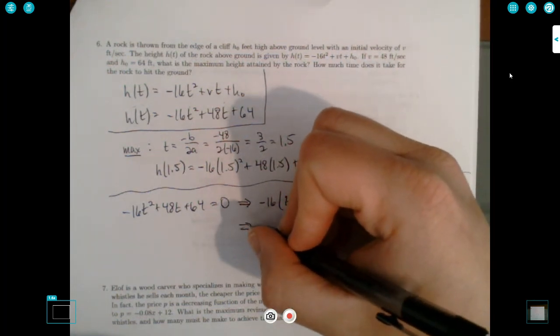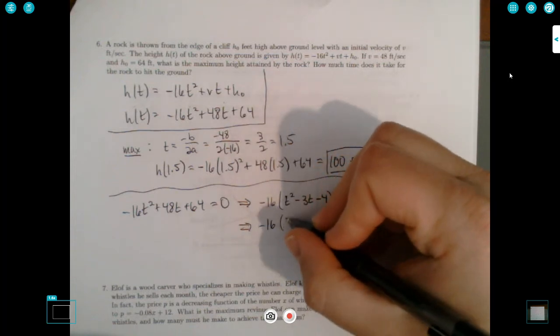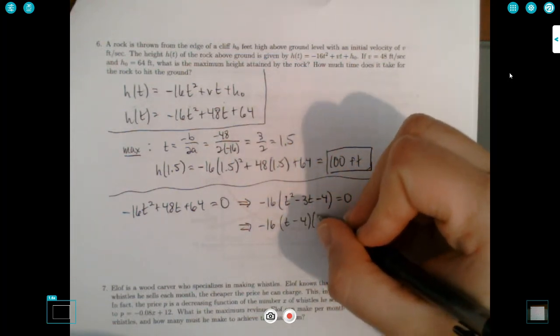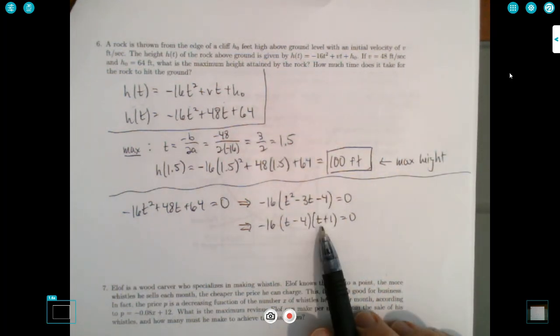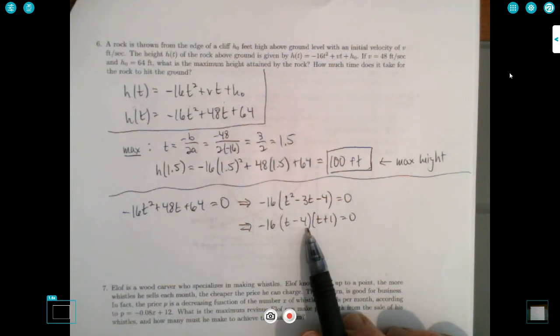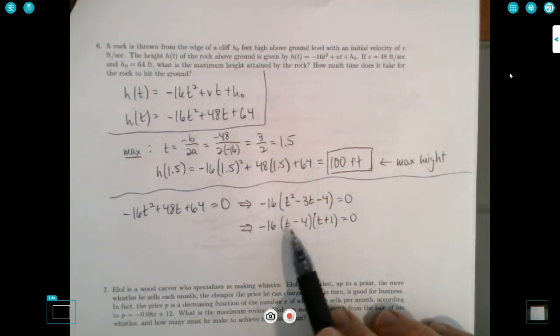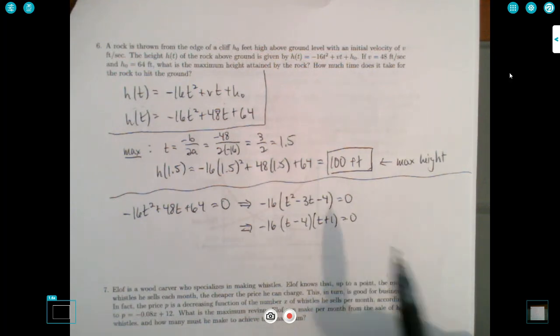And then you can do the reverse FOIL thing, where you call this t, what would it have to be? T minus 4 and t plus 1, right? Because if you multiply this out, you're going to get back here. Negative 4t plus t is negative 3t. If this is not familiar to you at all, don't worry about it, because I'm going to show you how you can do this in Desmos.